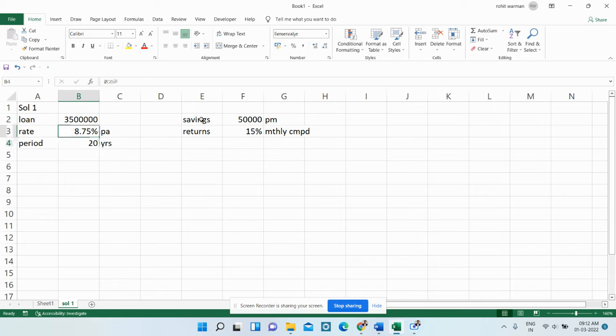By default, if it is compounding monthly, then we always divide by 12. Same here, this 15%, we have to divide by 12. Next, this 20 years we multiply with 12 months, so we have 240 months.